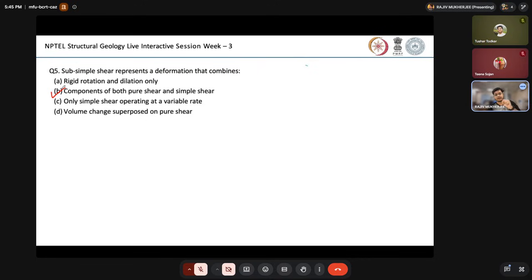So you can flatten or you can dilate, right? So it's kind of a plane strain condition. So there is no rotation involved. So of course, if we superimpose volume change on pure shear, it would rather stay in a plane strain condition, or merely will have some components of pure shear but never any rotation. So there are no simple shear components involved. So that is why option D is not a correct answer.